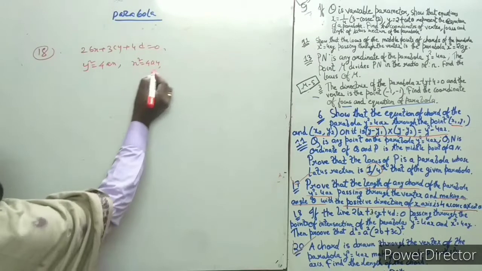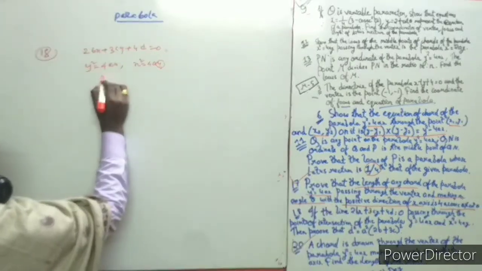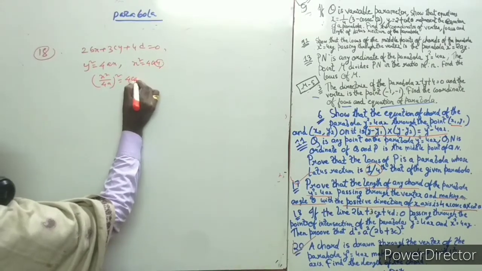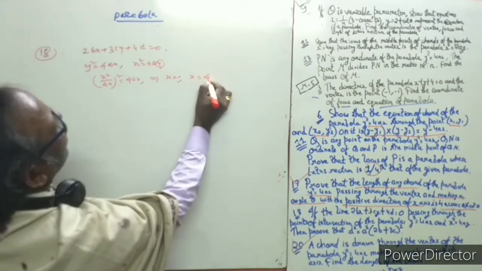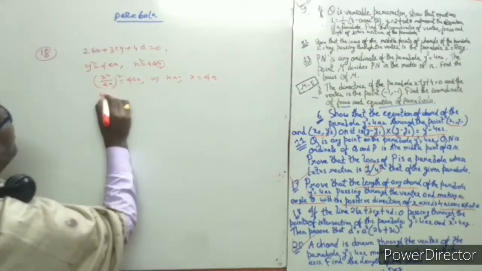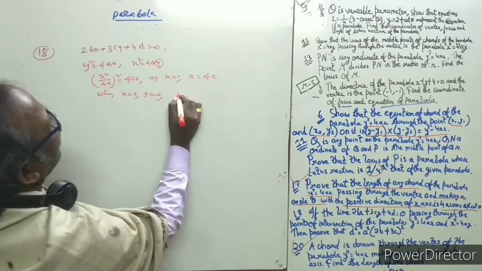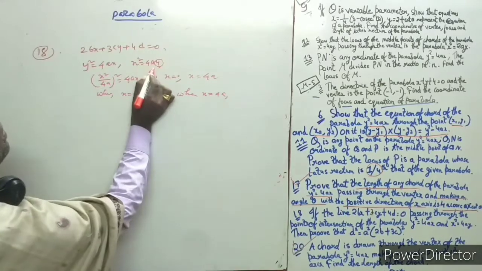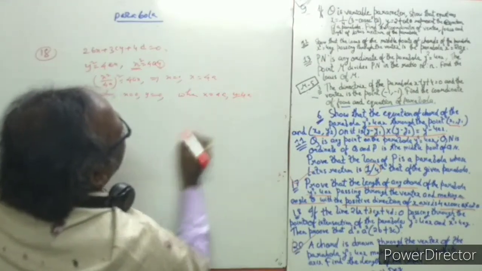So let's see here, from the second we get y equal to x square by 4a, put here, then we get x square by 4a whole square equal to 4ax. So from that, either x equal to 0 or x equal to 4a. Okay, when x equal to 0, then y equal to 0. And when x equal to 4a, if we put here x equal to 4a, then we get y equal to 4a.